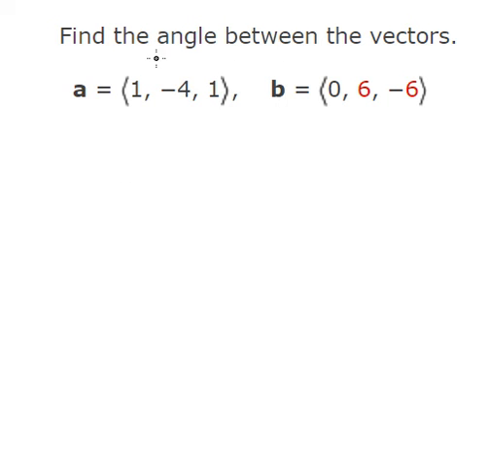The topic today is about the angle between the vectors. So now I will show you how to answer. We have the formula in here.